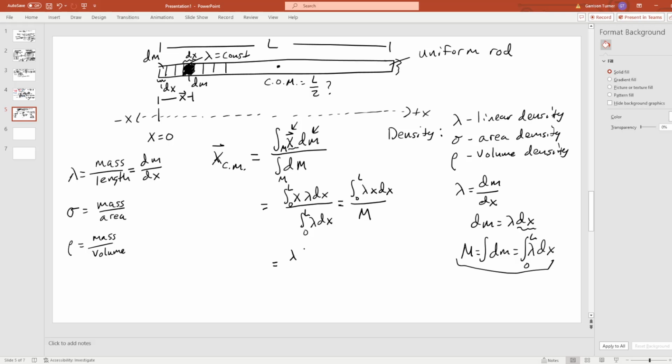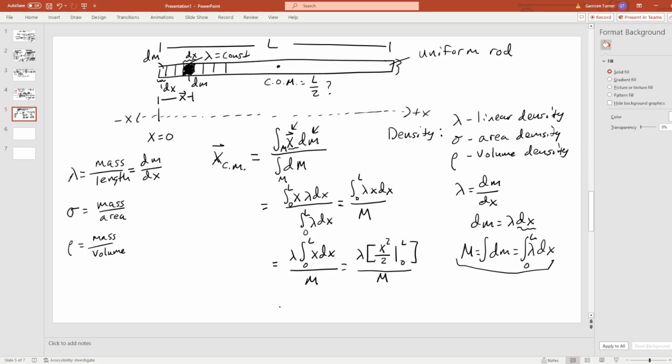So this gives me lambda times the integral of x dx from 0 to L over capital M. And so this is going to be equal to lambda times the integral of x dx, which is 1/2 x squared, from 0 to L, over M.